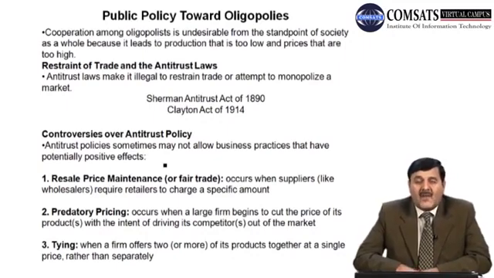Now, but there are controversies over antitrust policies by the government, and these controversies exist between economists and the policymakers, and of course the business practices done by the firms.